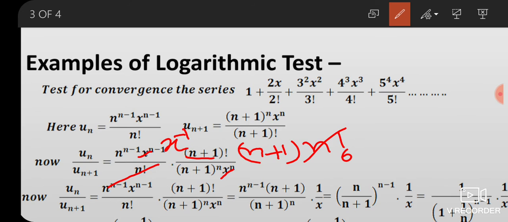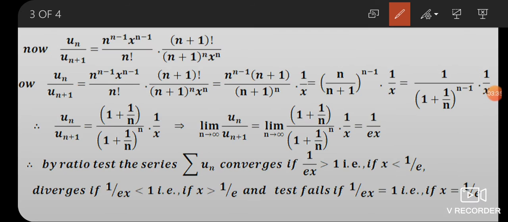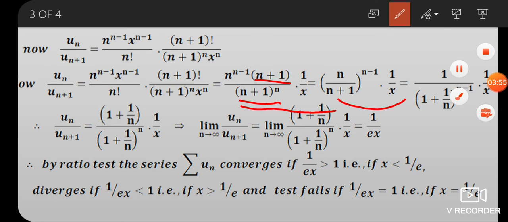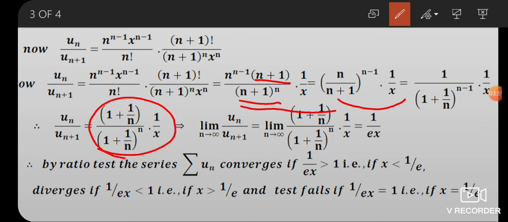Then we get this. Now the term n plus 1 is the same in numerator and denominator, so the powers add, and this can be written as this, and again can be written as this.